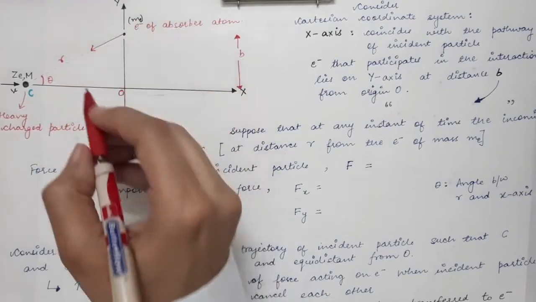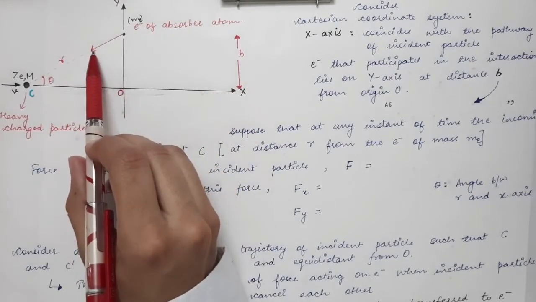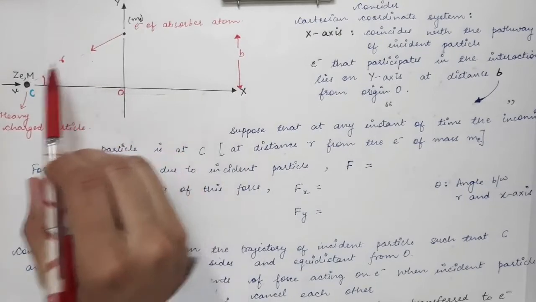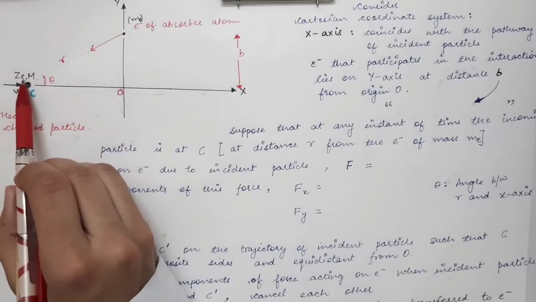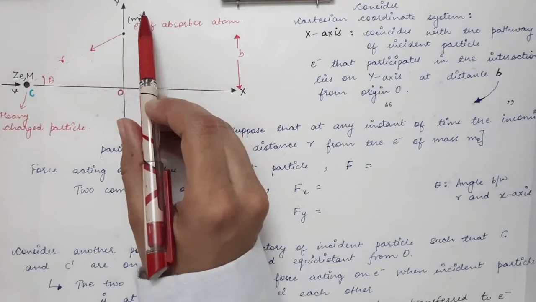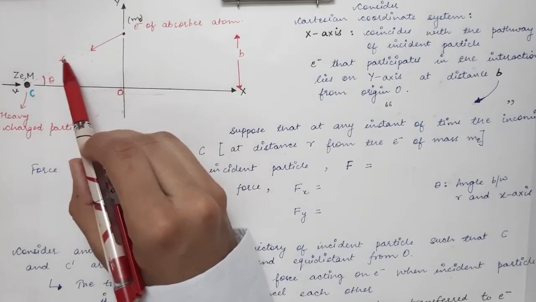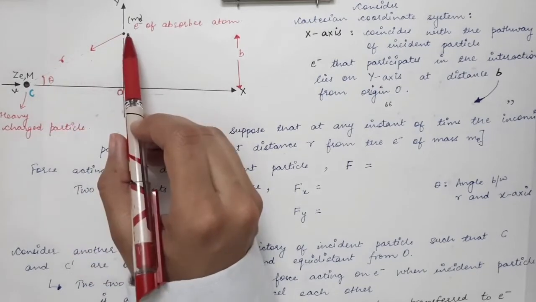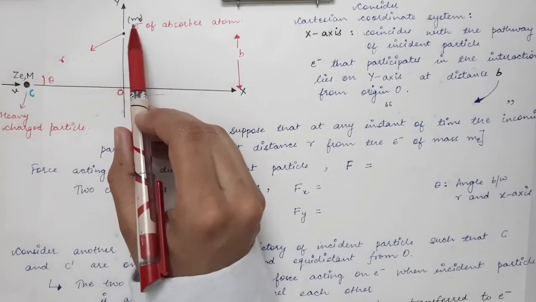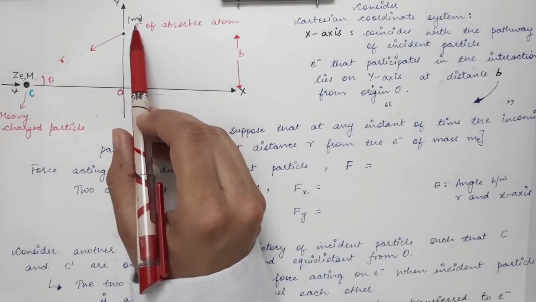So what will be the expression of the Coulomb force? It will be equal to 1 by 4 pi epsilon naught, Q1 is Z into E, Q2 is just E, divided by R square, where R is the distance between the two charges. Q1 and Q2 in the formula of the Coulomb force are just the magnitudes, so we do not take the negative sign.